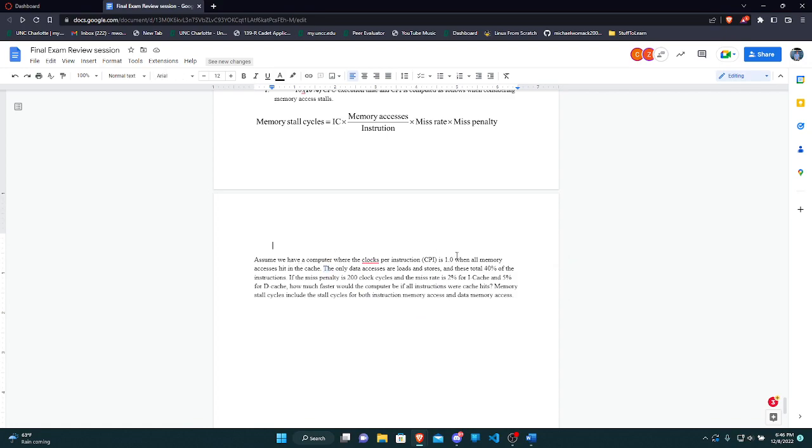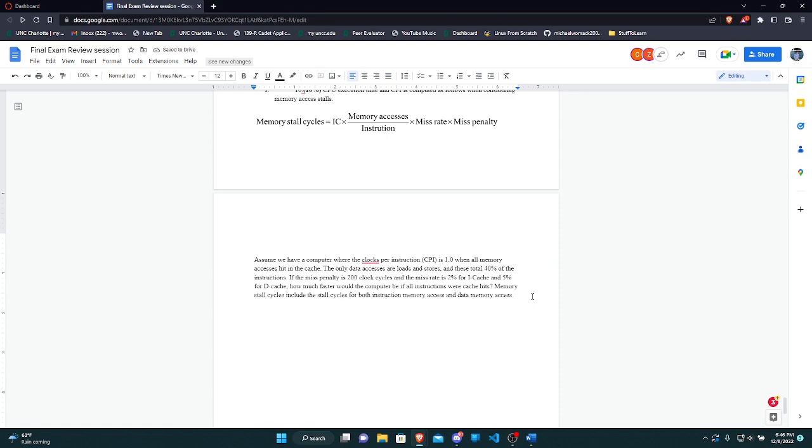The only data accesses are loads and stores, and these accesses are 40% of the instructions. If the miss penalty is 200 clock cycles, and the miss rate is 2% for iCache and 5% for dCache, how much faster would the computer be if all instructions were cache hits? Memory stall cycles would include the stall cycles for both instruction memory and data memory access.